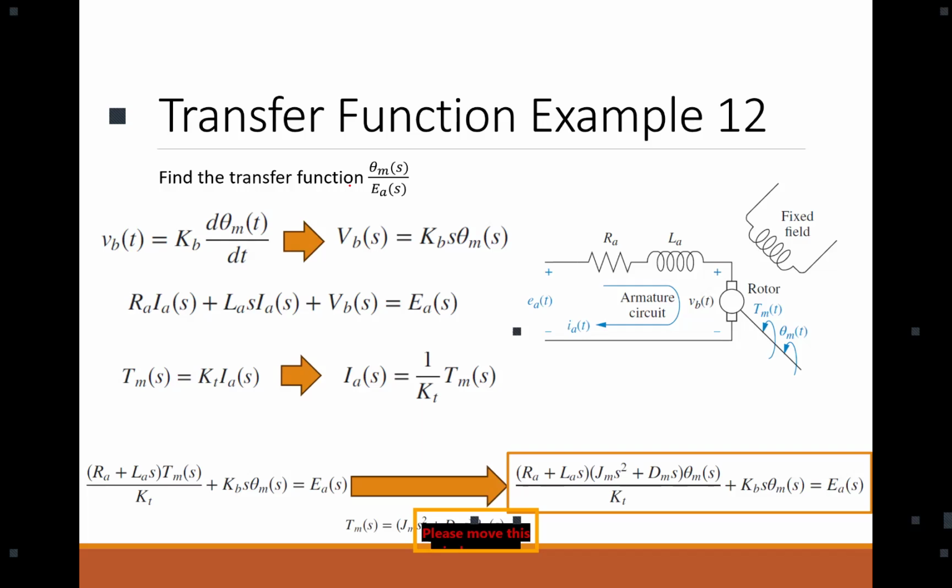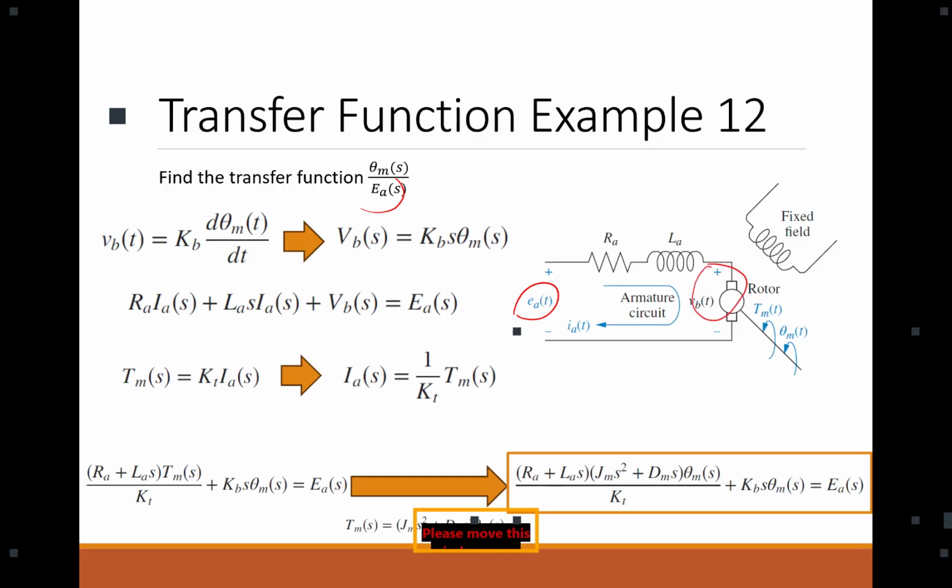Now you want theta versus Ea, the input voltage. Basically, you want to see how the motor works based on the amount of voltage you apply to that DC motor. Make sense? Is that clear? Now, how do we do that?